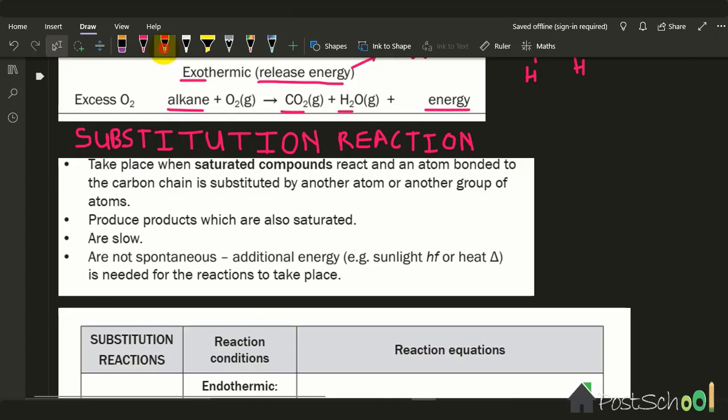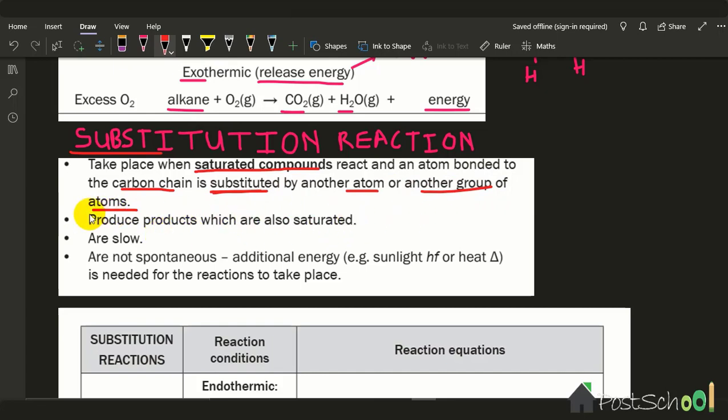Substitution reaction take place when saturated compounds, saturated ilawa contain only a single bond, and an atom bonded to carbon chain is substituted by another atom or another group of atoms.